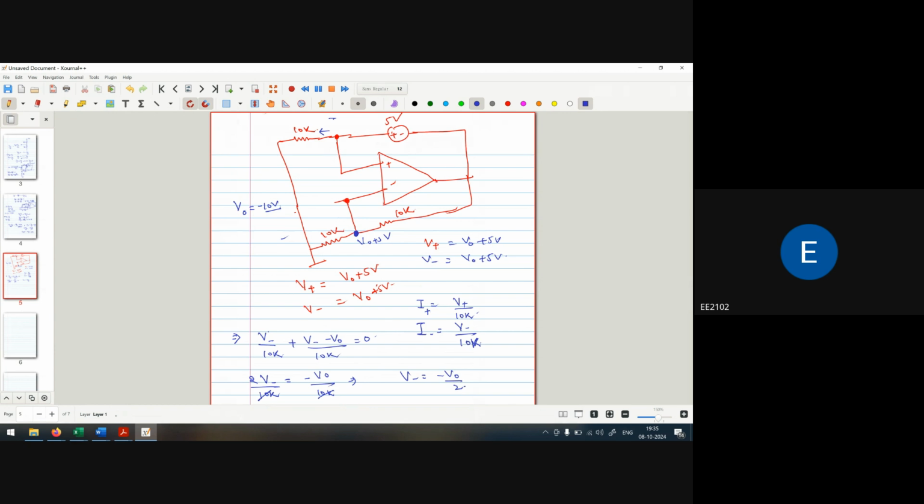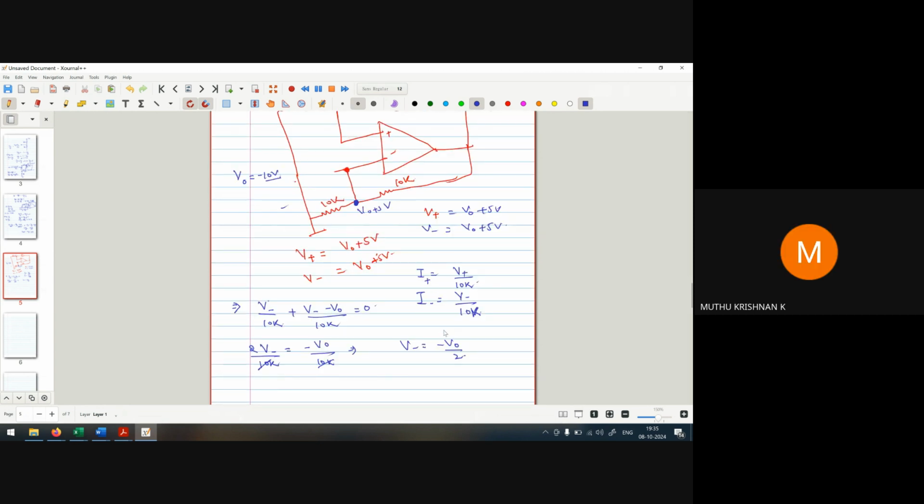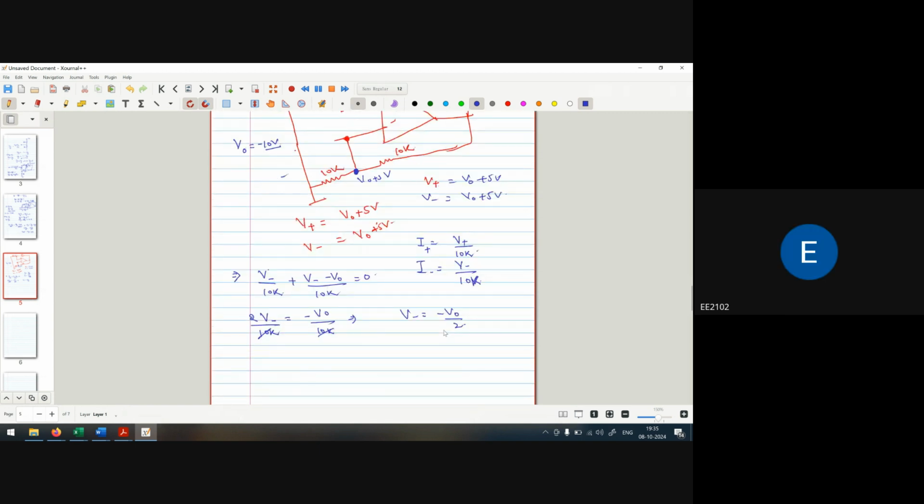Any doubts? No, sir. Okay. Now V minus is minus V naught divided by 2. So if I put this value of V minus here, I am getting minus V naught divided by 2 is equal to V naught plus 5 volt.